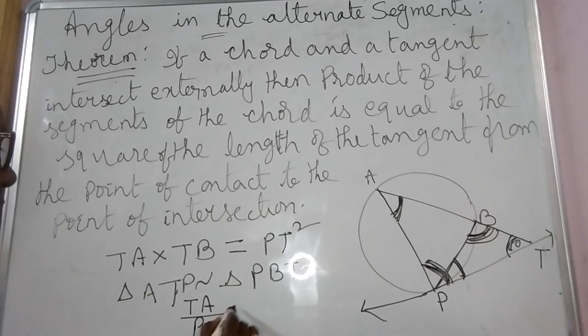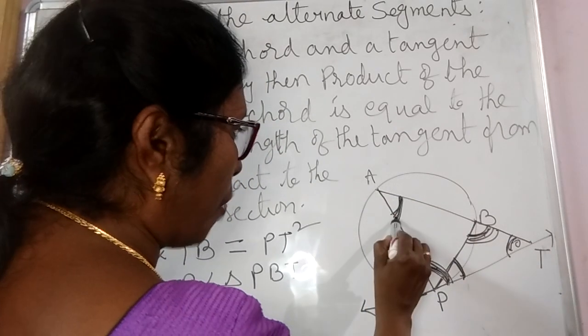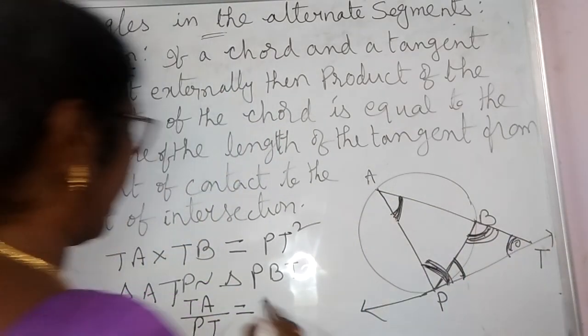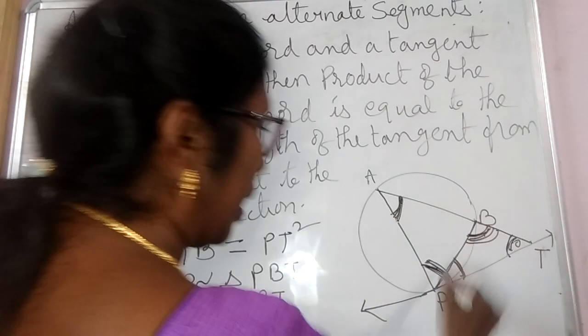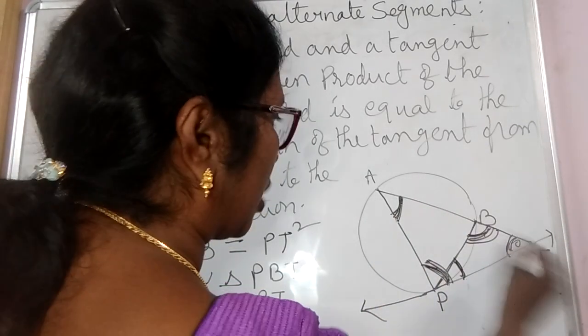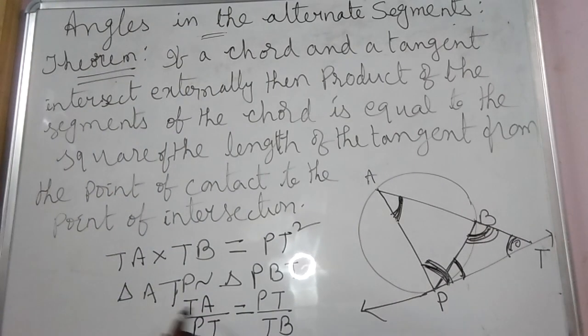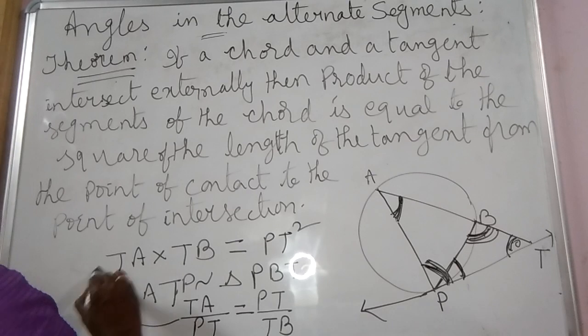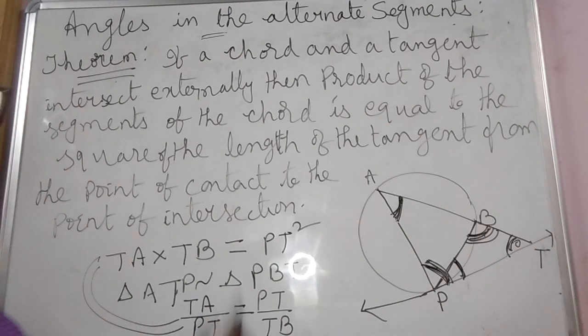TA by PT is equal to, now in the bigger triangle, opposite to this is PT. And this angle is equal to this. In this triangle BPT, opposite to this is TB. So when you cross multiply, you will get TA into TB is equal to PT into PT, is PT square.